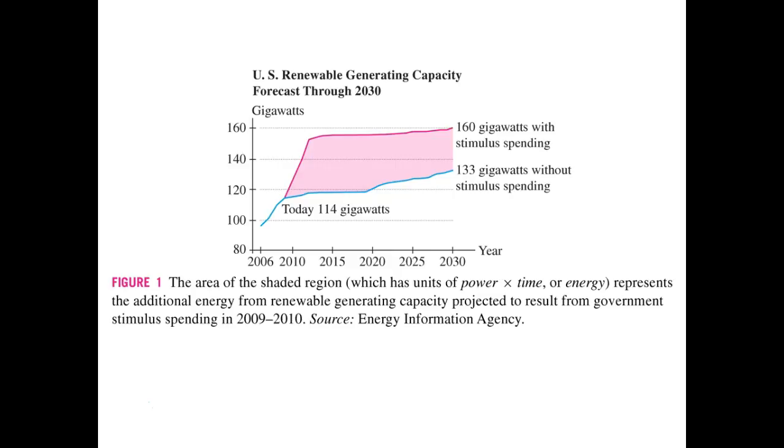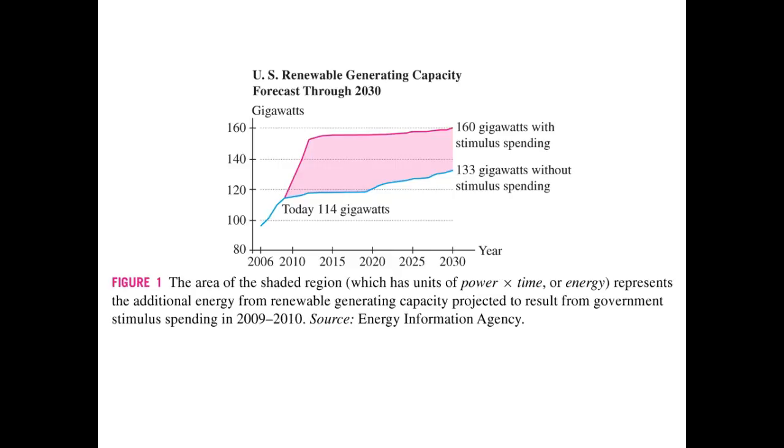They were using part of the stimulus dollars to try to improve the renewable energy capacity, and companies were given all sorts of things. This was the expected growth.